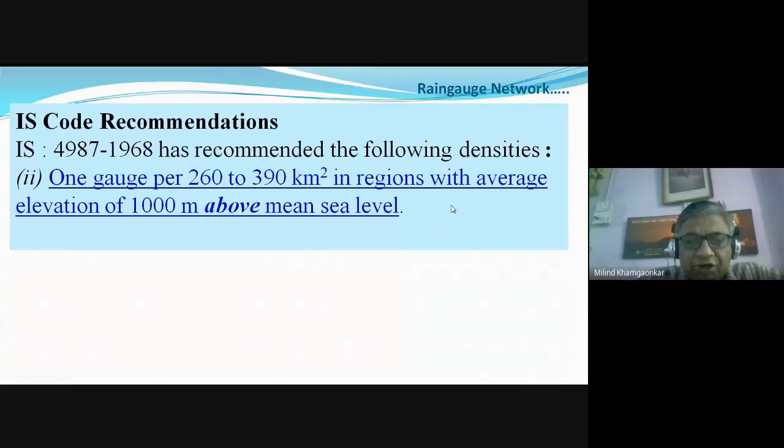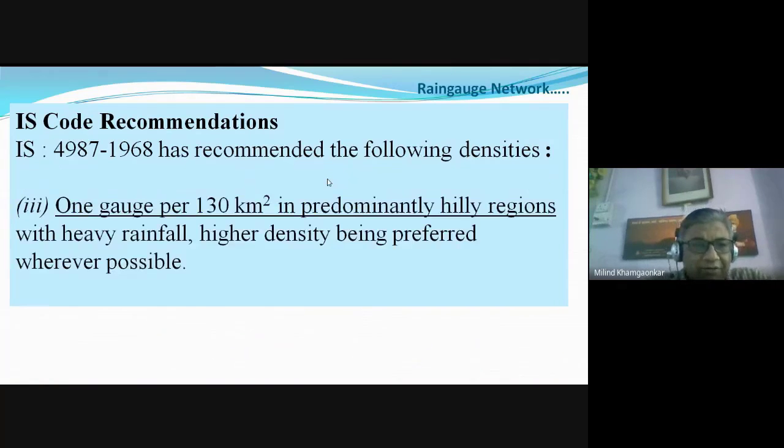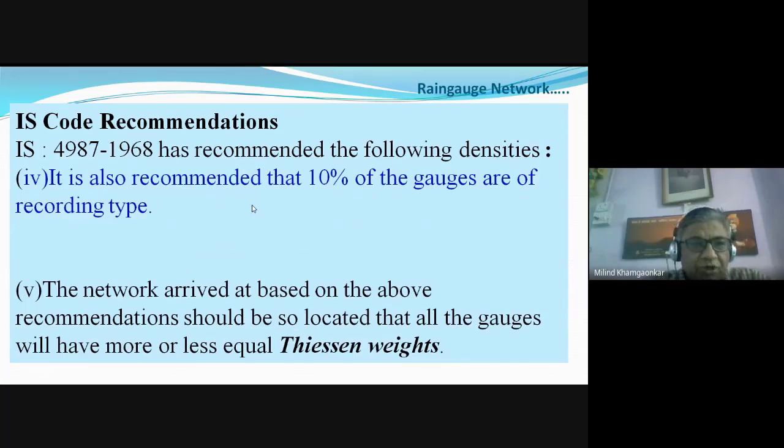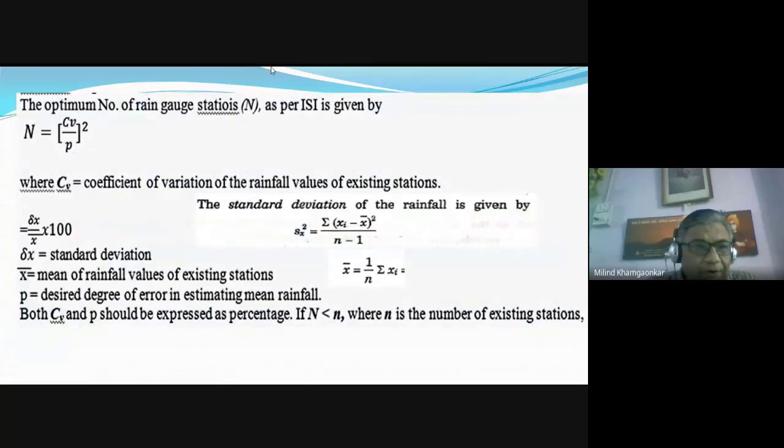For an average hilly area, which has 1000 meters and above height, for 260 to 390 square kilometers, one rain gauge station can be provided. And for a very hilly region, mountainous region, for 130 square kilometers of area, one rain gauge station should be provided.